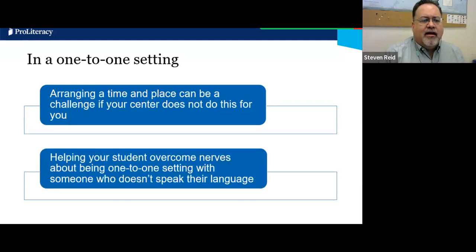And this is going to be true in a bigger class setting, but it seems to be something that's a little bit worse for those one-on-ones. Whenever you get in that room together, there's a lot of nerves going on from both sides of people who are just not sure about, okay, I am sitting in a room and the only other person in this room does not speak the same language I do. What do we do now?